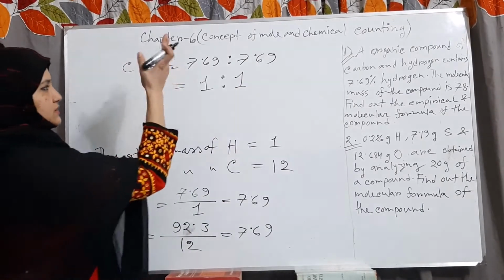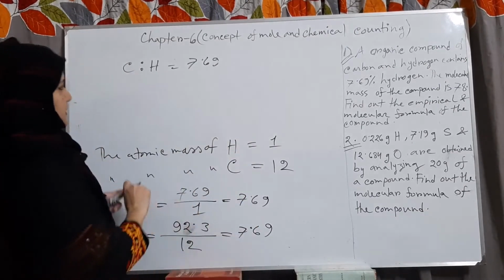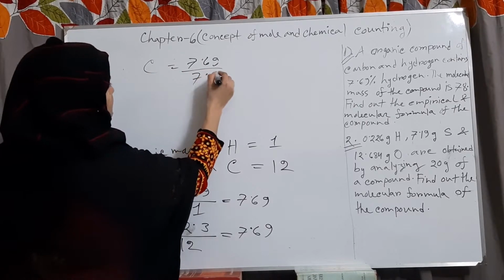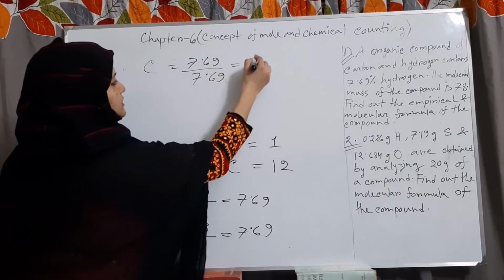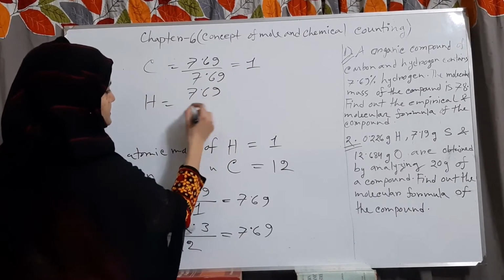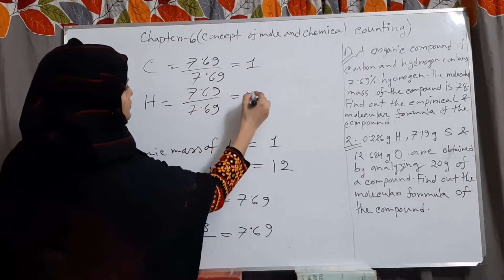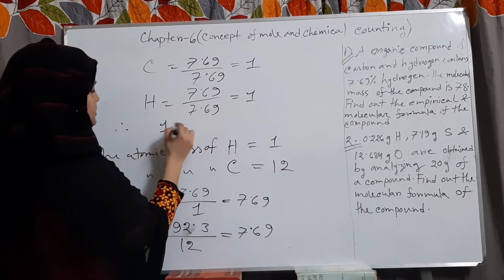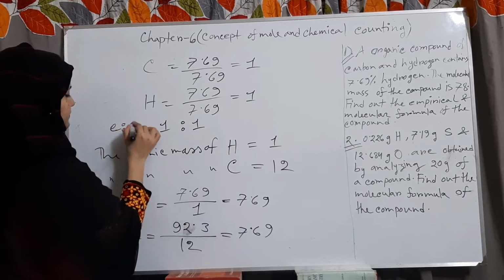For carbon, dividing the number by the smallest number gives 1. For hydrogen, 7.69 by 7.69 is 1. So now our reduced ratio is 1:1.